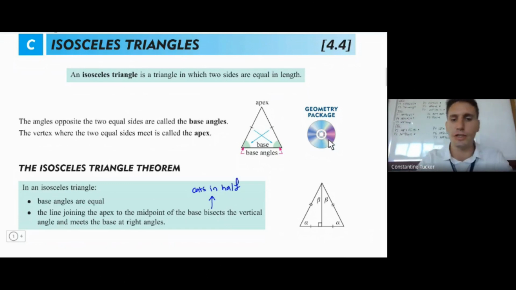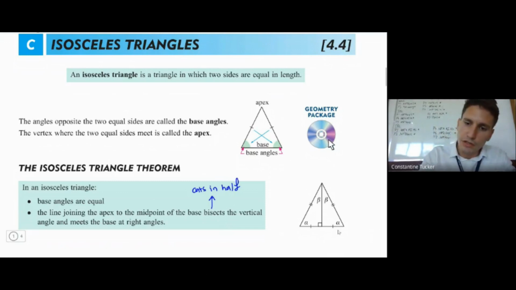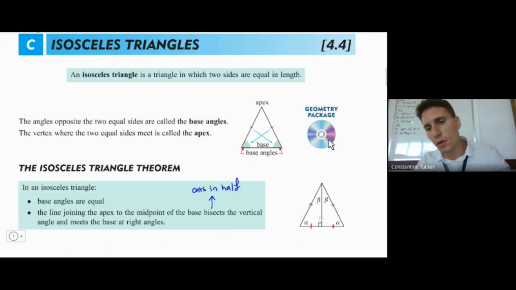So if I draw the height going straight down, like they've done here, these two parts are equal. If I use a little red line here, this is equal, that is equal, and the angle we've got here is a right angle. That's what they've told us.